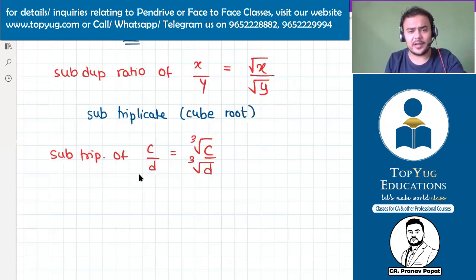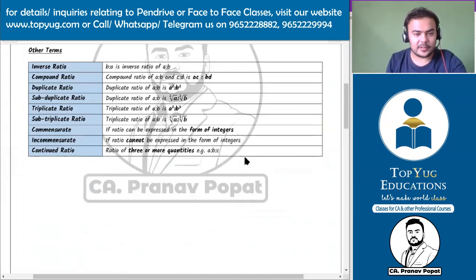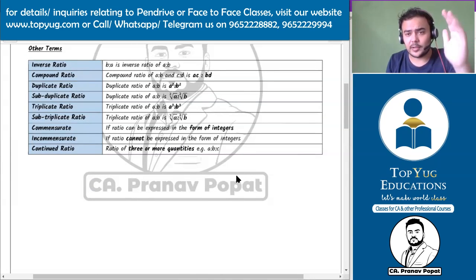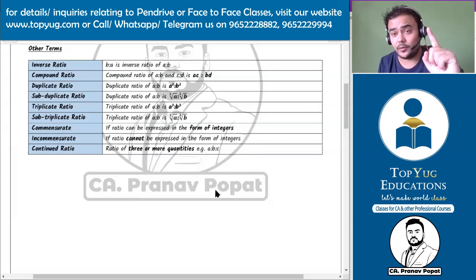Very simple terms, right? No problem. So we are done with triplicate, subtriplicate, duplicate, subduplicate. There should not be any doubt. It is very basics. Okay.